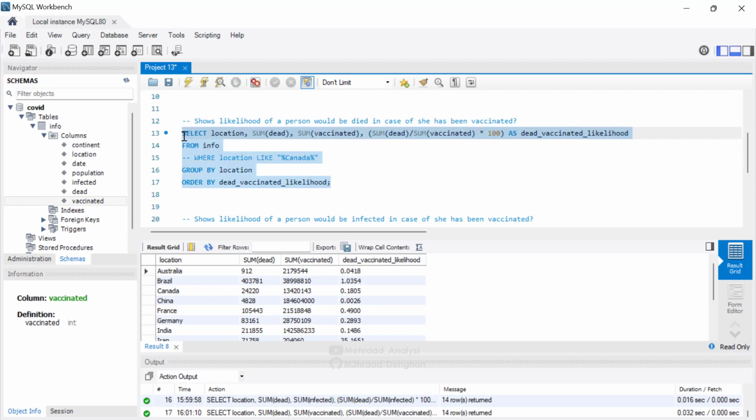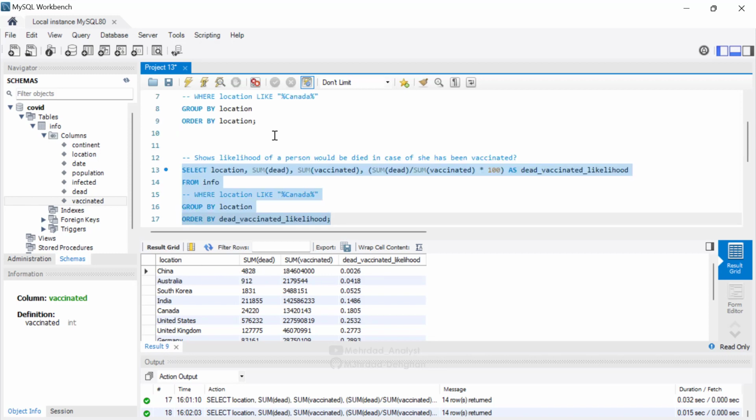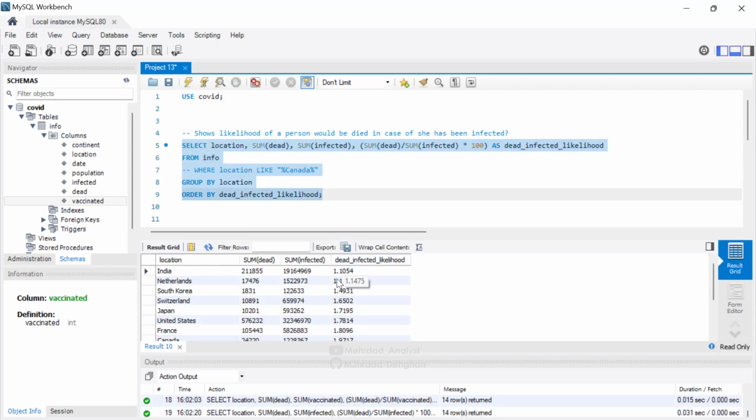Let's see. Yeah, and it is the least number. The least number was China. In the previous question, let's see the previous one. The previous is this. Let's see the ascending.